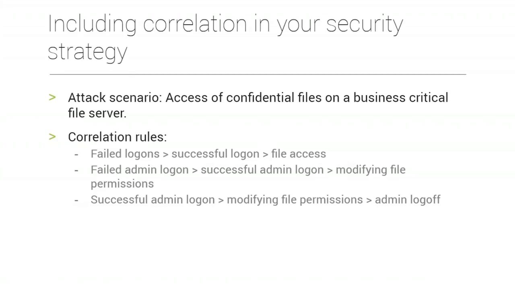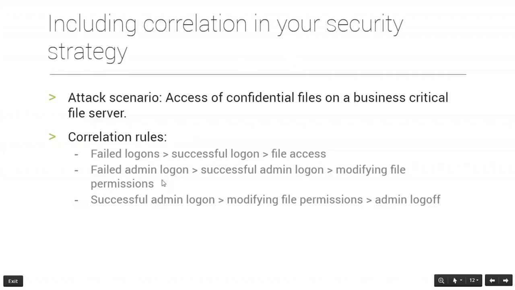So let's say someone is able to breach an administrator account. And what the attacker does then is that they go over to the file server and modify certain file permissions so that later on they are able to access files on that server using another account. Okay, so this is one step more indirect.